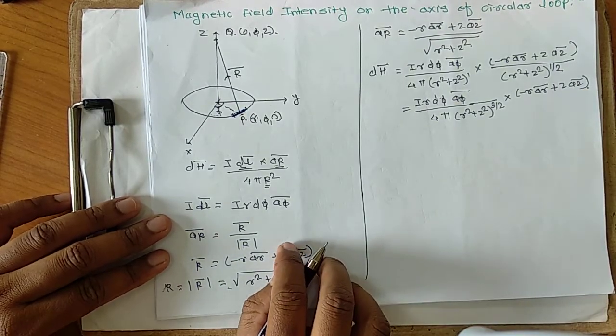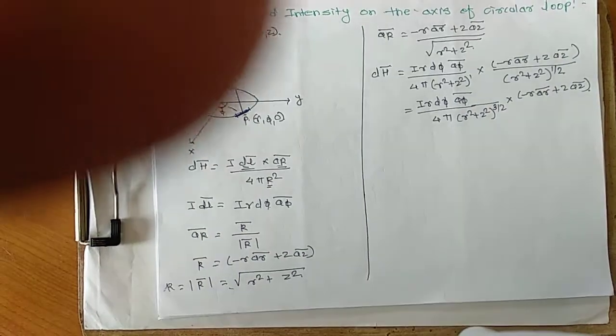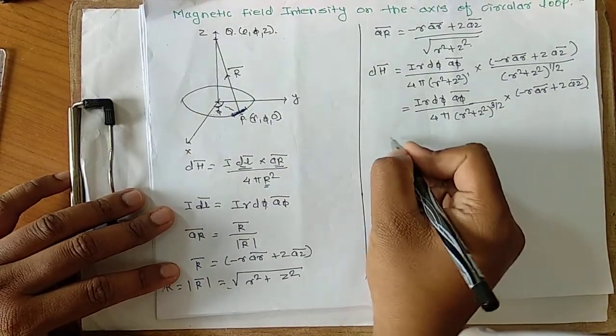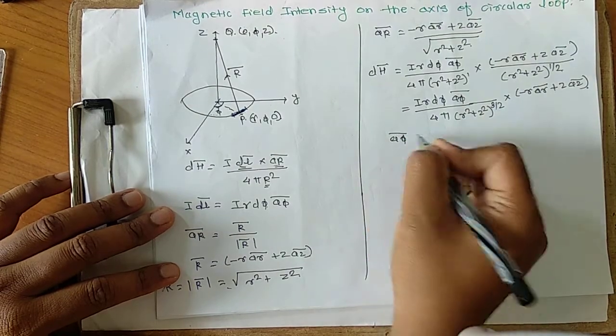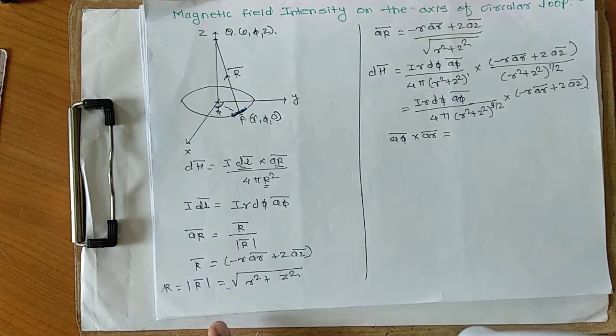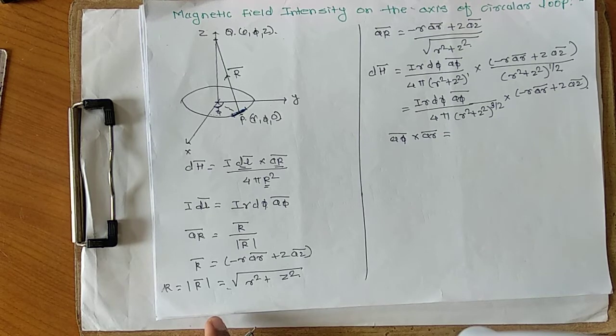Now what is remaining? It is a vector multiplication. Now a_phi bar cross a_R bar, what will happen with a_phi bar cross a_R bar? We have seen in the last lecture also. If you are finding a_phi bar cross a_R bar, the sequence is r, then phi, then z.